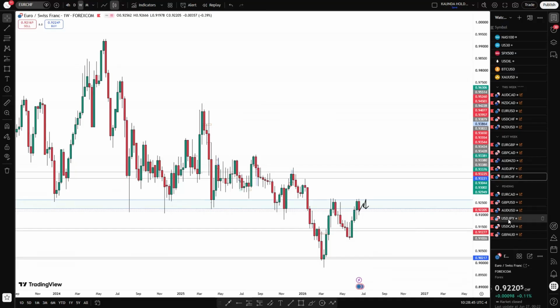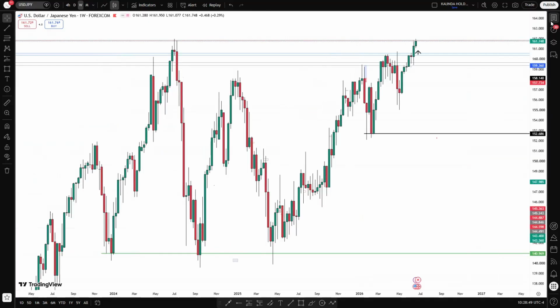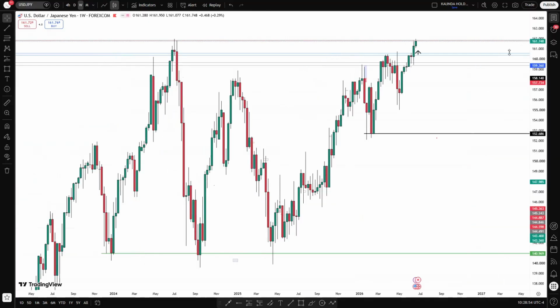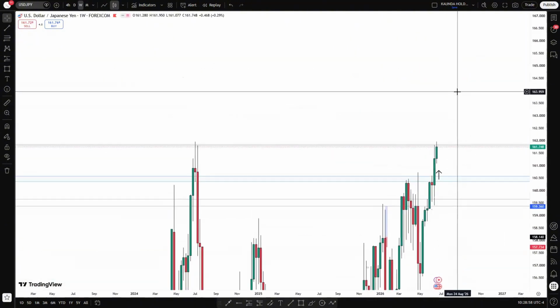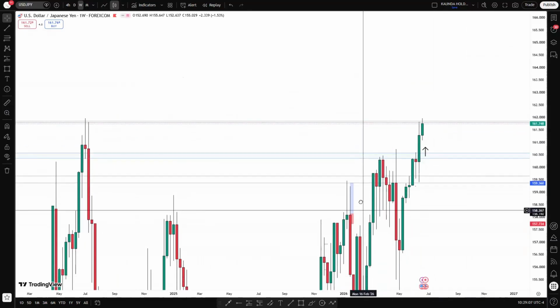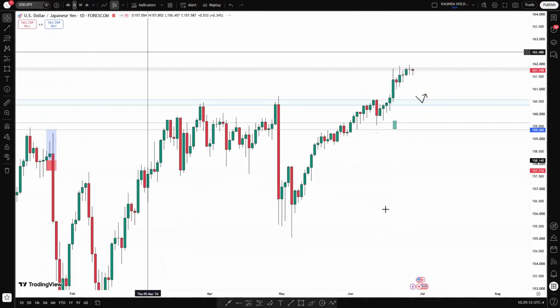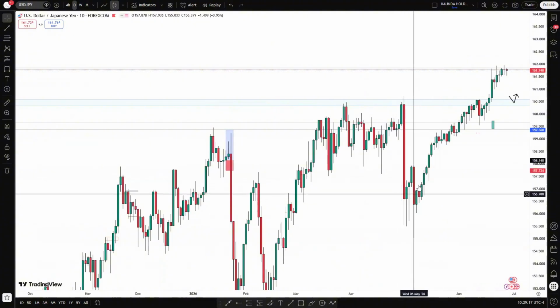You can start with USDJPY. Let's see. Well, the fun thing about this pair is we've known the direction all this time, from this position here.